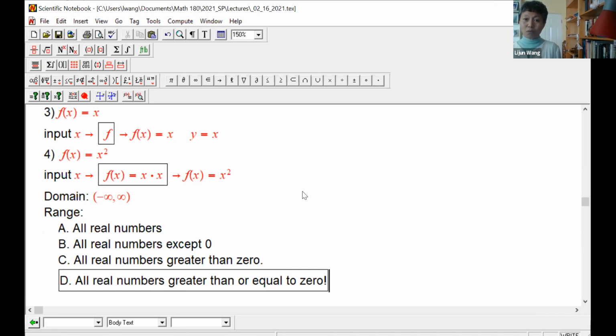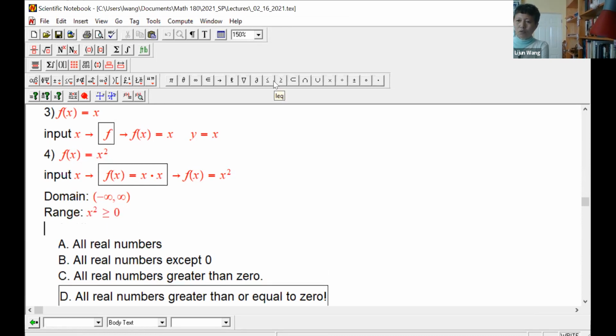No, 90% right is wrong. 99% right is wrong. Okay? Got it? So what is the range? Very good effort. I want you to learn this way to express range.